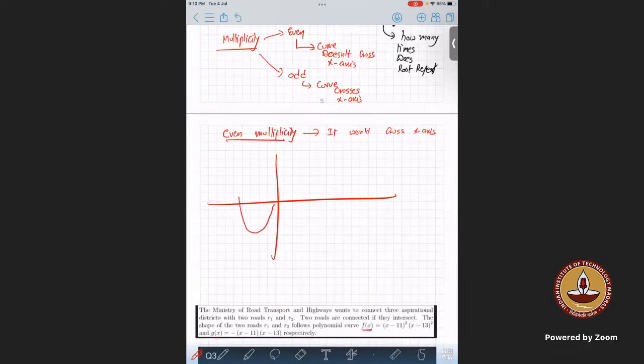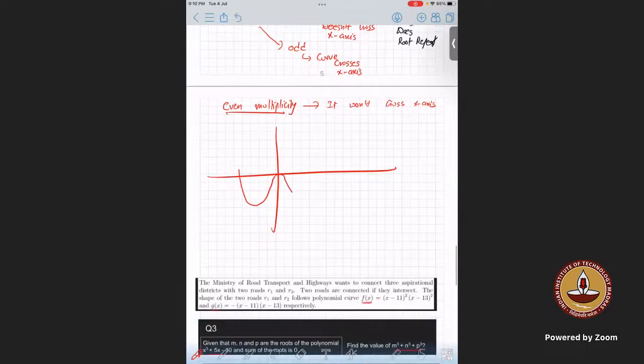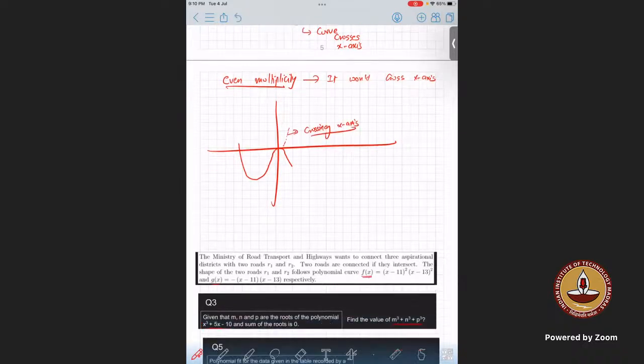Look, it just touches and goes down again because it can't go up. If it goes up, it is crossing the x-axis. So sometimes this can also be a direction change.